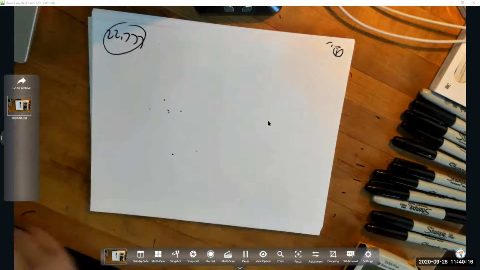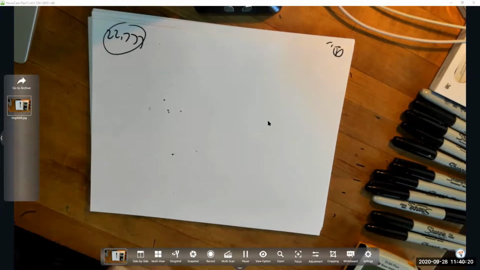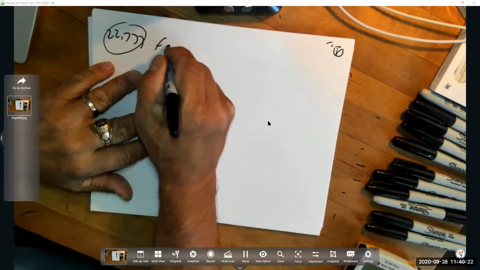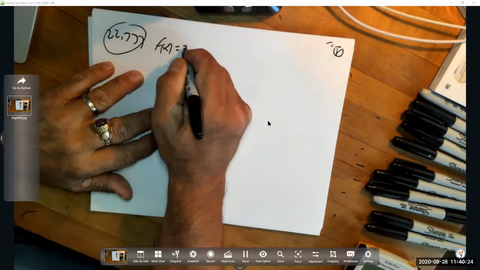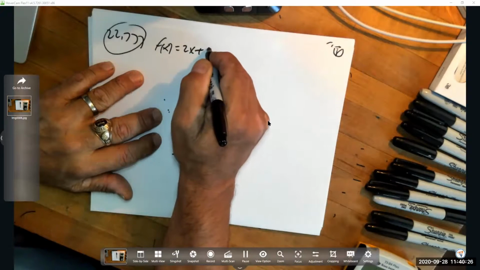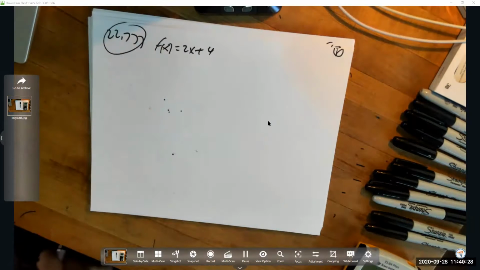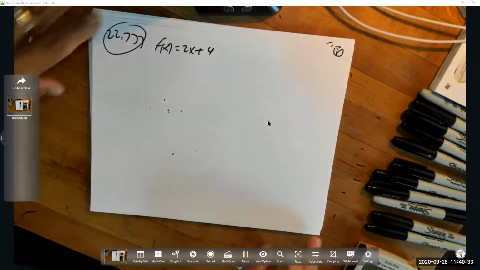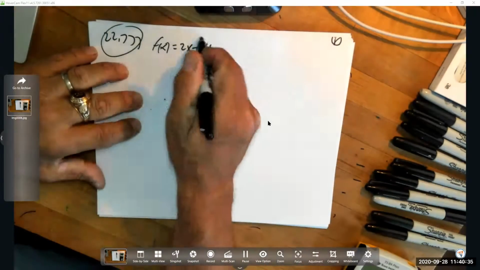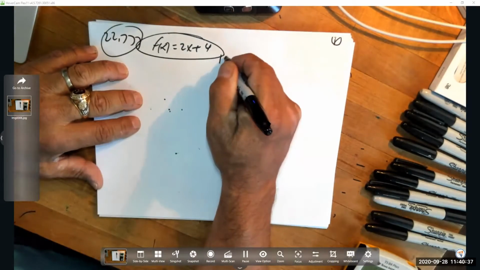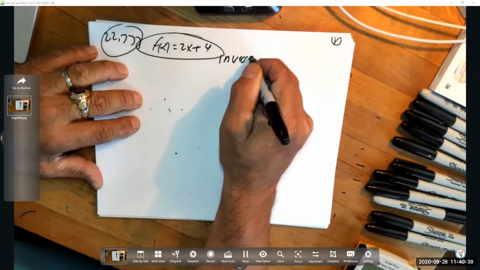Number 22, and I'll show you. Let's do this one first. 22 says, I'll give you some numbers first. F of x is 2x plus 4. There you go. So now that's the original graph. But they want you to find something called the inverse.